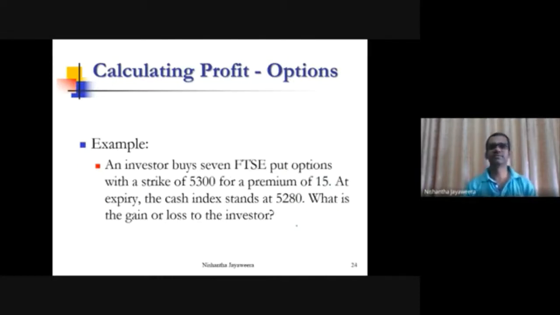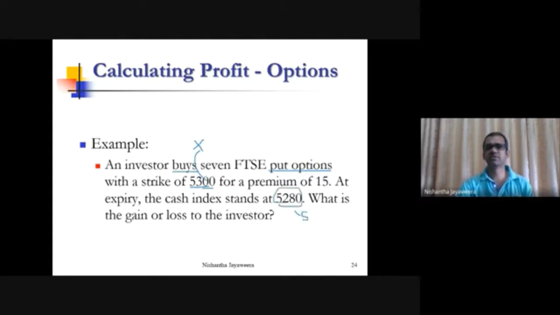Try this one again, but with put options. Strike price is 5,300.